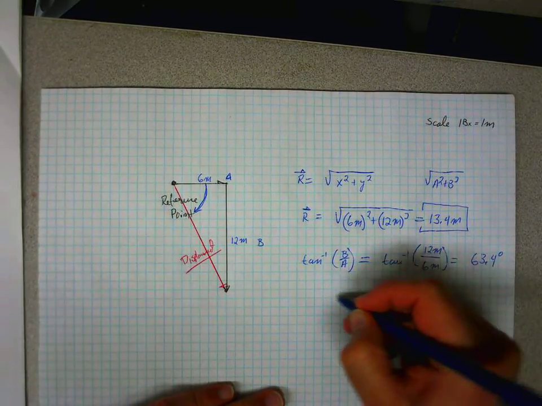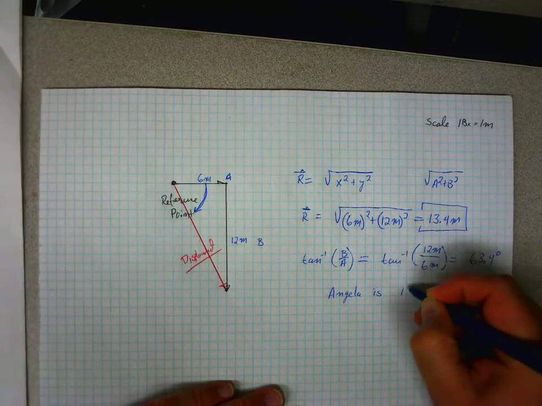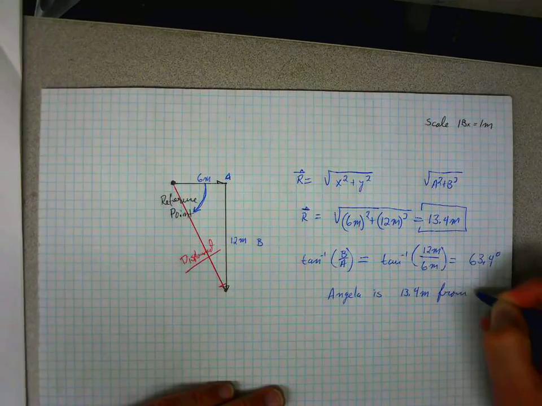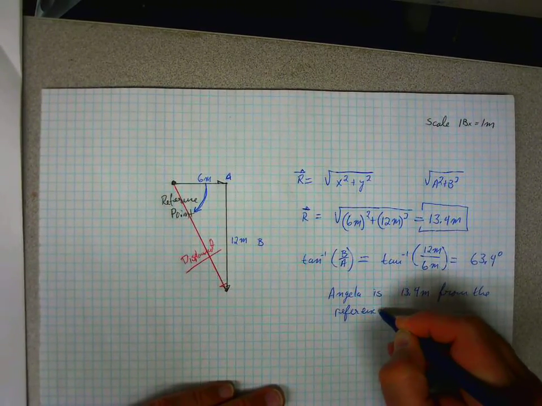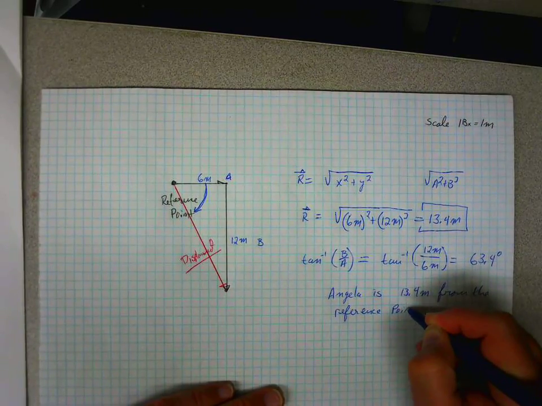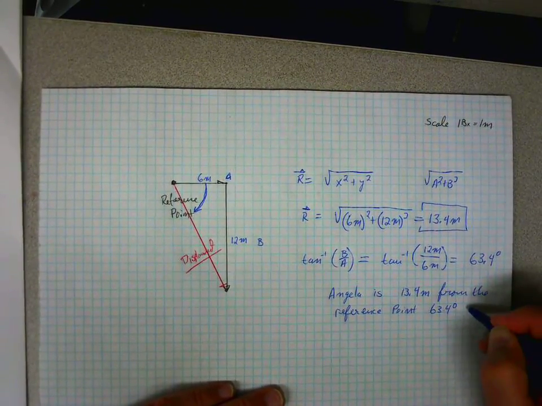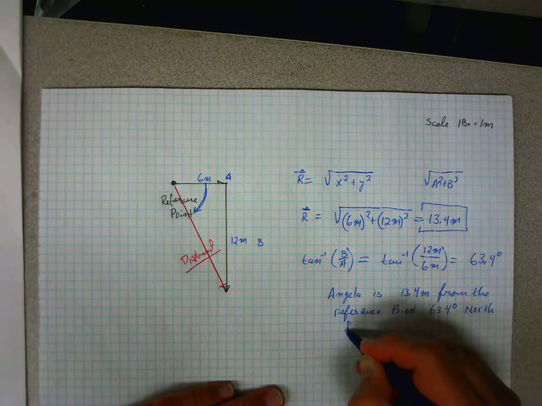So we can say that Angela is 13.4 meters from the reference point, 63.4 degrees north of east.